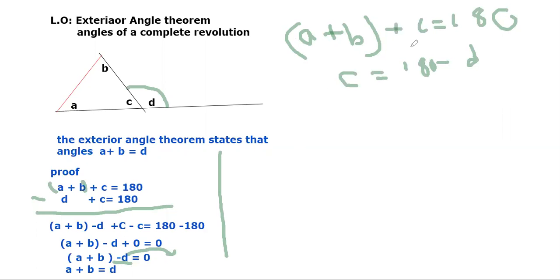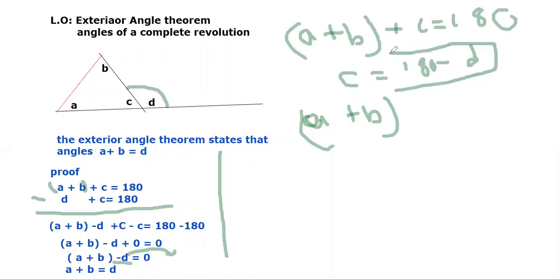There's a C here, and this will be A plus B. Instead of writing this C here, I just write this. It's the same thing. Let me pick another color. This is what I bring, plus now 180 minus D is equal to, actually this is a very long way.